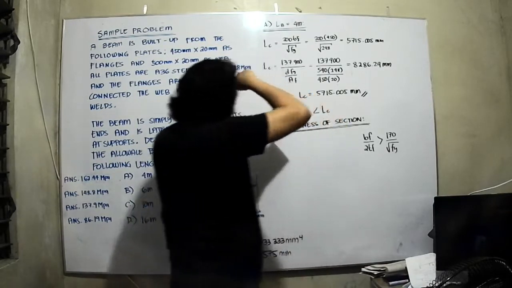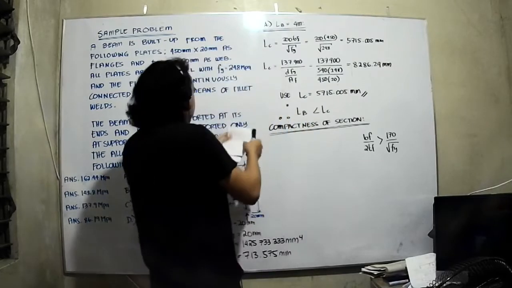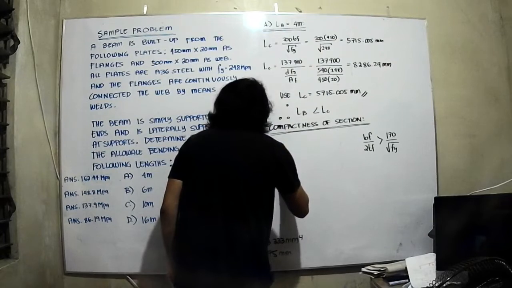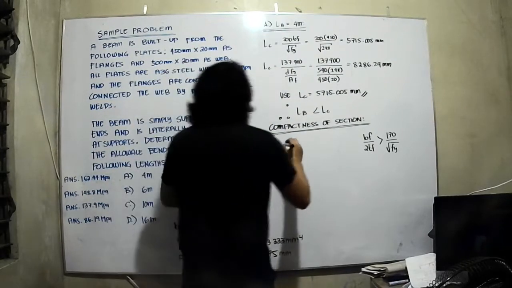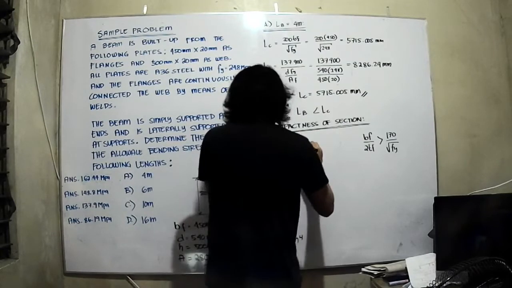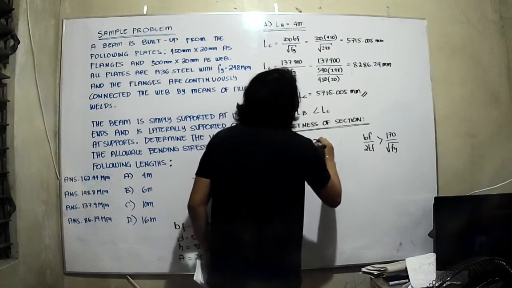Next we look at D over TW. That should be equal to 540 divided by 20, which is 27. Okay?